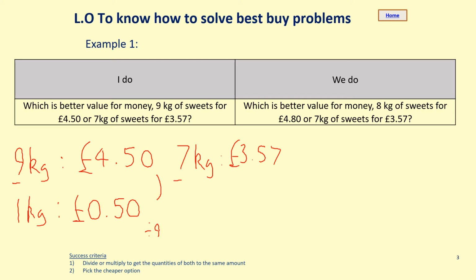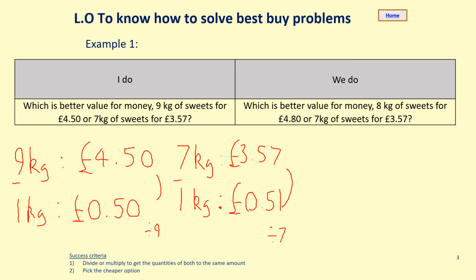Now let's have a look at the next deal. So that was 7 kg. If we work out the price of 1 kg of sweets in this one, well, we divided the quantity by 7, so we must also divide the price by 7. So 357 divided by 7 gives me, in this one, £0.51.